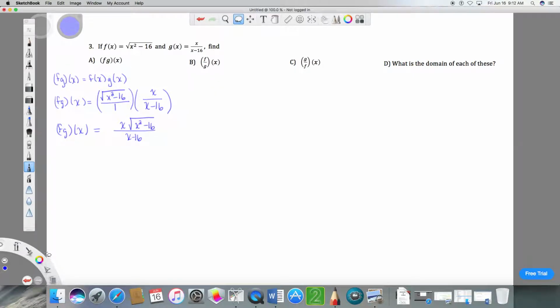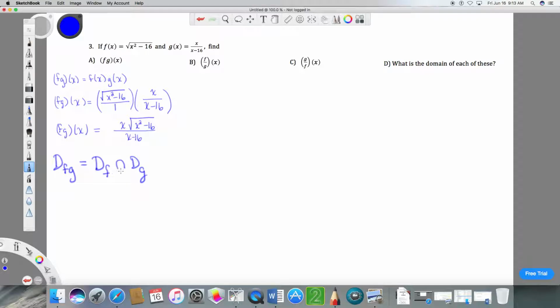This is what I suggest that you do in finding the domain of something that you have built, whether it's f times g, or f plus g, or f minus g, or using the commutative property, any ways that you can rewrite that, is to intersect these two domains.